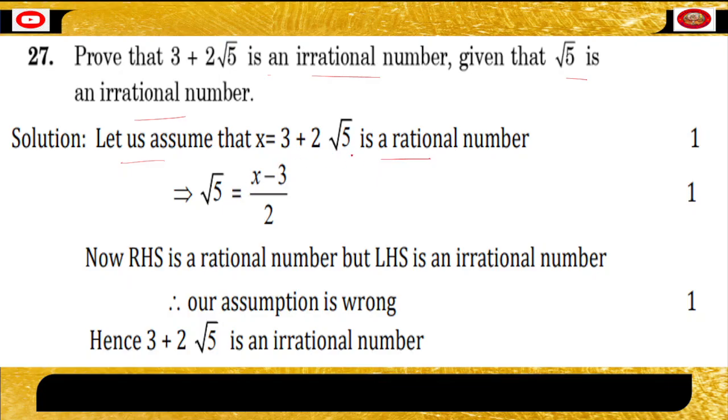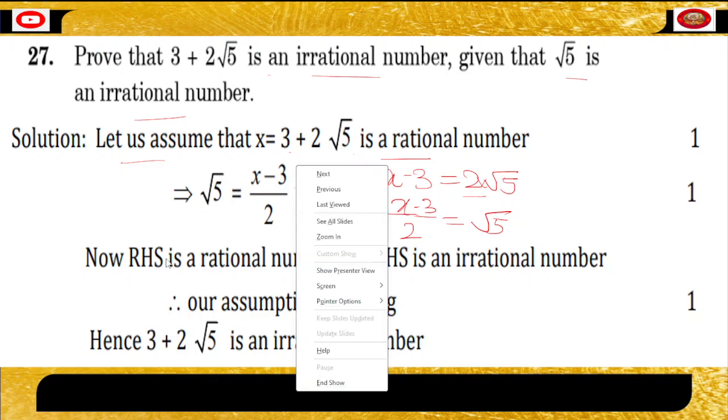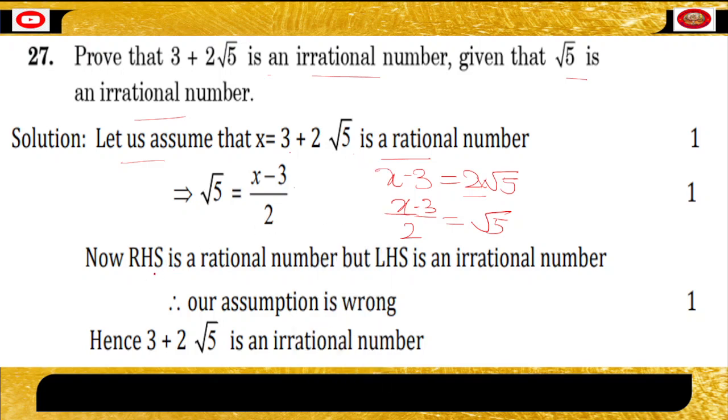Then x minus 3 is equal to 2 root 5, so root 5 is equal to x minus 3 divided by 2. Now the RHS is a rational number, but the LHS is an irrational number. Therefore, our assumption is wrong. Hence, 3 plus 2 root 5 is an irrational number.